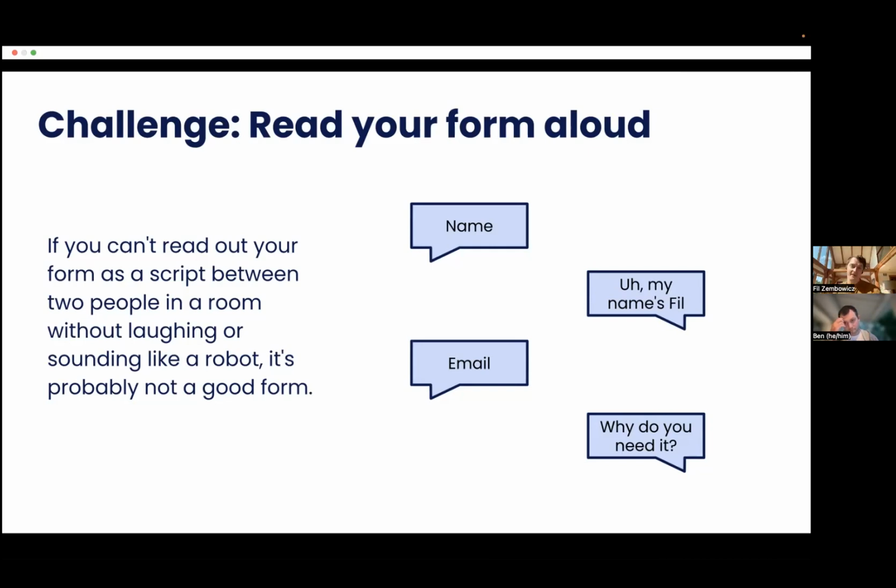So the exercise here would be to just sit down in your office or sign up on a Zoom call with a coworker and read your form out loud as if you were the computer, as if you were the website, and have that person respond and see where the hangups happen. Where is there a disconnect? Where is it maybe not clear what you're asking for or how to answer it? So that's a great way to get started.